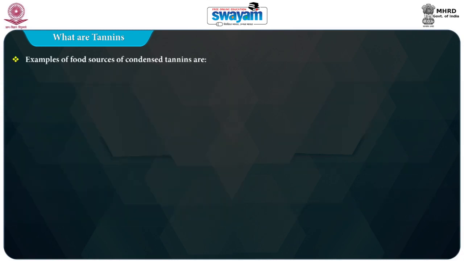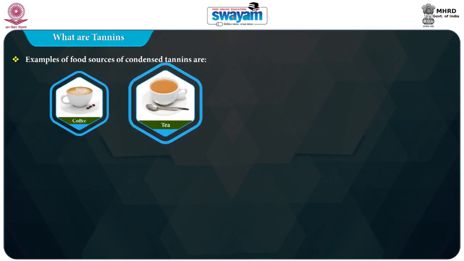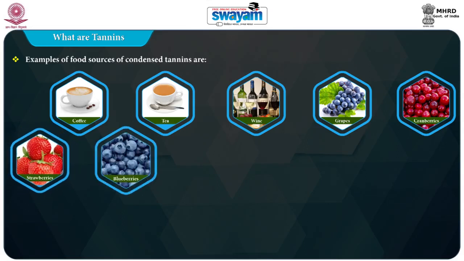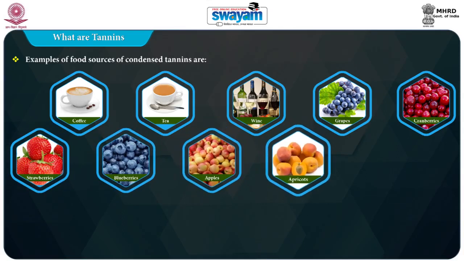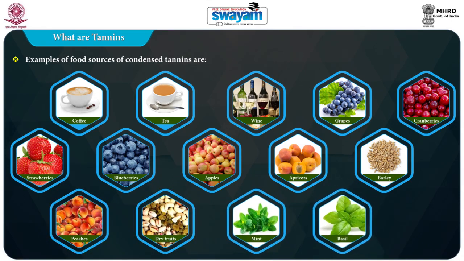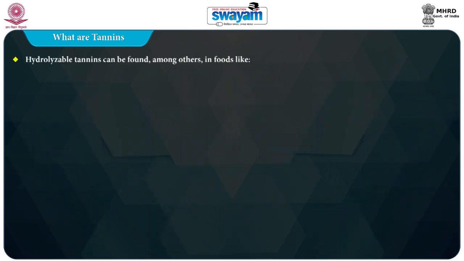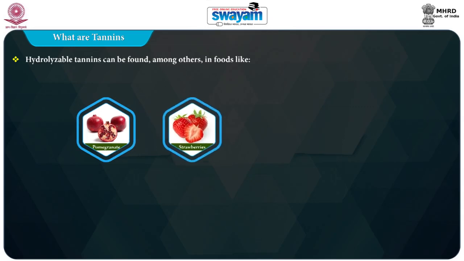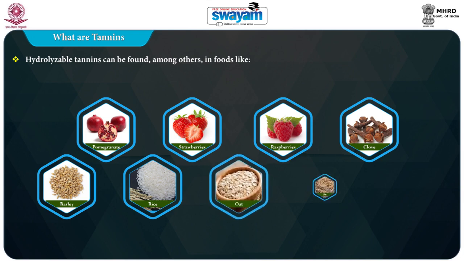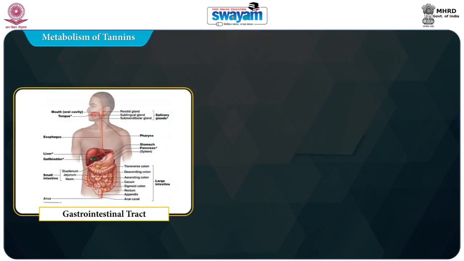The examples of condensed tannins include coffee, tea, wine, red grapes, cranberry, strawberry, blueberries, apple, apricot, barley, peach, dry fruits, mint, basil, rosemary, etc. Hydrolyzable tannins can be found mostly in pomegranate, strawberry, raspberry, clove, barley, rice, oat, rye are the most common foods. Let us now concentrate on metabolism of tannins.